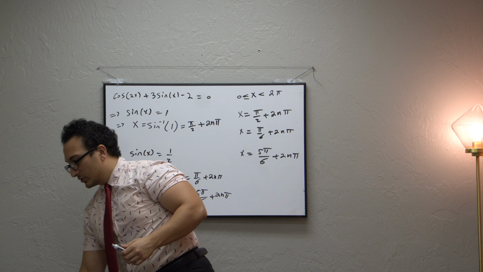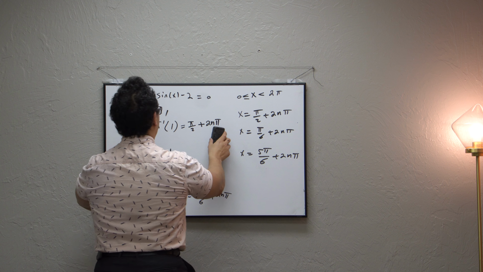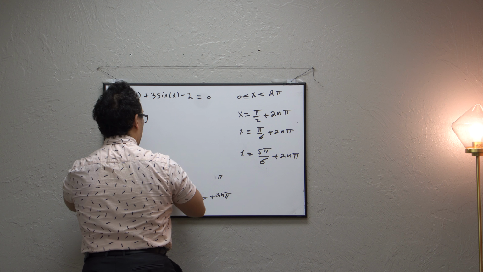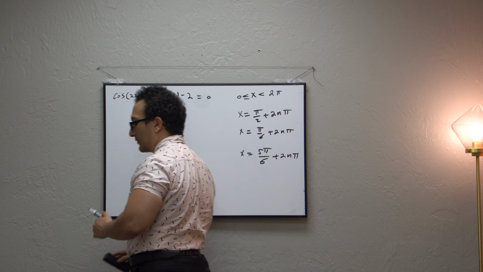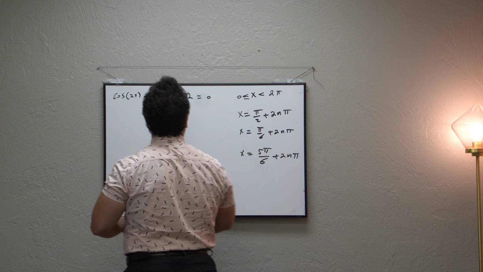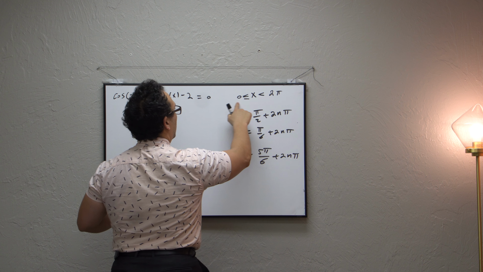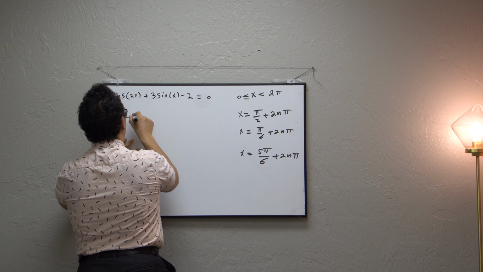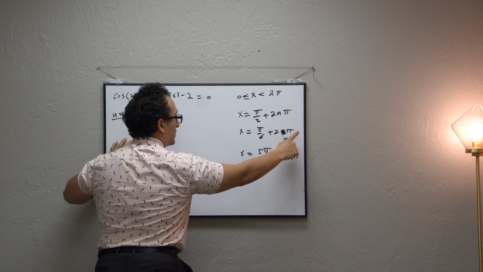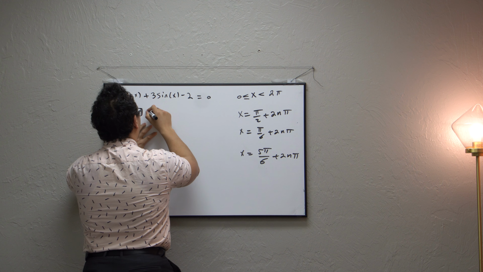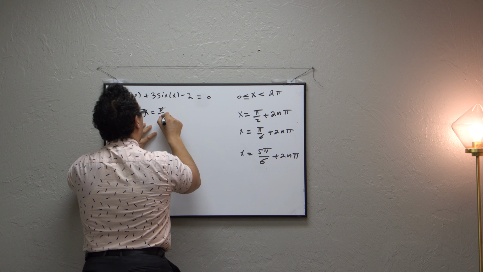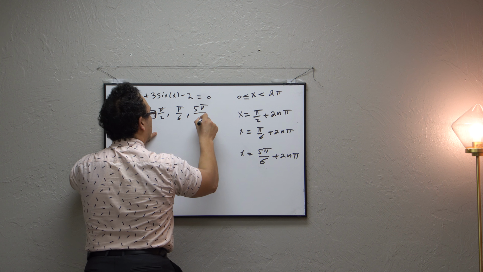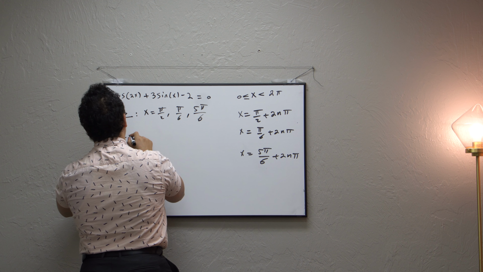Now, what we must do is find explicit values, because these are the general values, meaning we're going to plug in integer values for n. And we're going to pick positive values to stay in our restricted domain. So when n equals 0, this goes to 0, this goes to 0, this goes to 0. So all we get for our answers is x is equal to pi over 2, pi over 6, and 5 pi over 6.